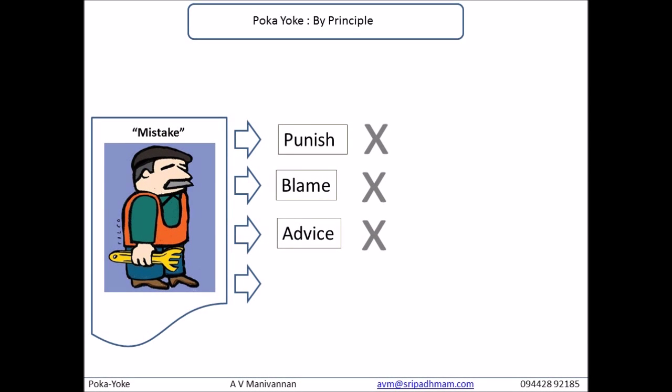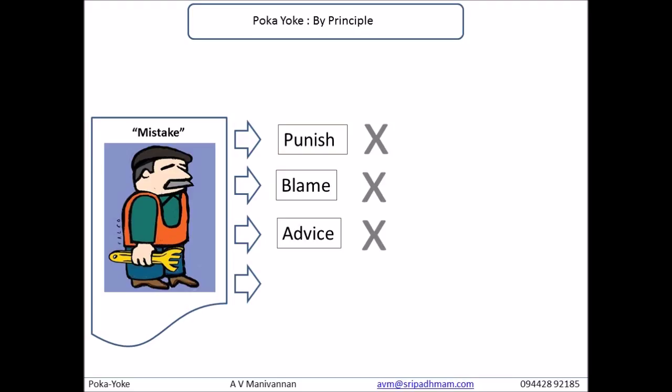By principle, it goes like this. There is a mistake committed by a particular person in our company. Is it to punish him? No. Is it to blame him? No. Does it mean that we have to give him lots of advice after advice?